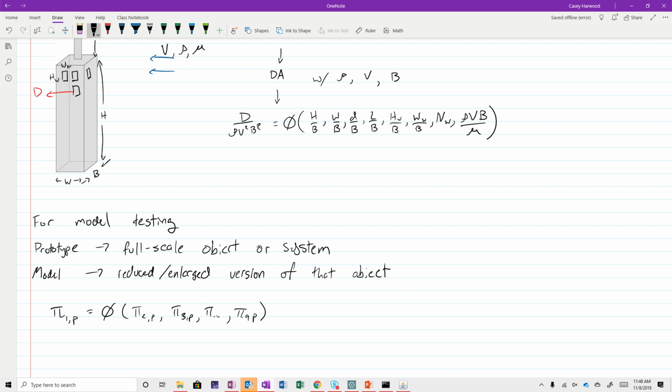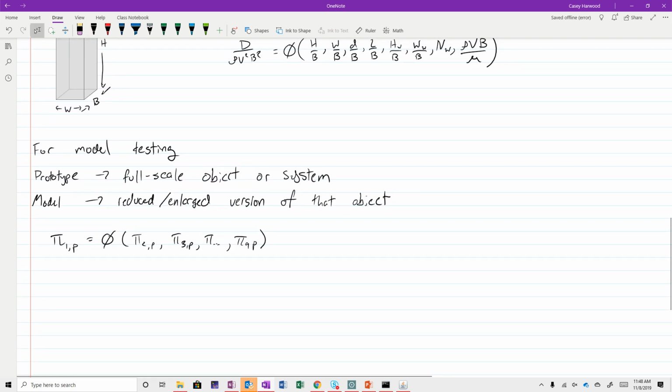The question is, what is this pi term on the left side? That's the one where we actually need a value in order to get the drag, because we get the drag coefficient. So if we make a model of the system, we assume that this unknown function phi still applies, because this function doesn't care whether the pi terms on the right and on the left are at model scale or full scale.